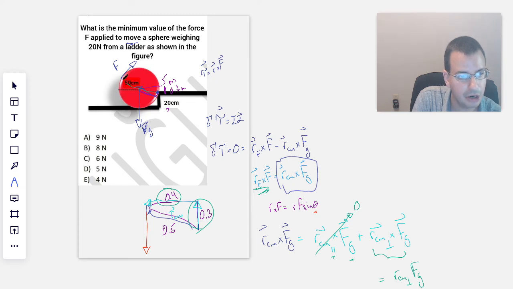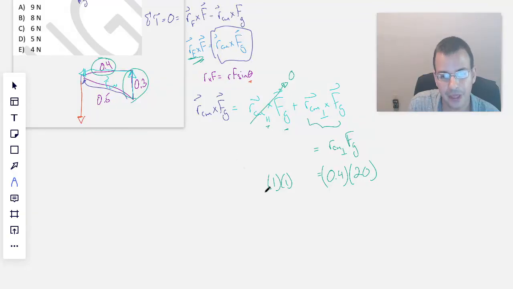And in this case the moment arm is going to be the diameter. So it's going to be 1 meter. So just 1 meter. We want to maximize the cross product, which means that this is going to be perpendicular. So it's also going to be 1. And then we're going to have our mystery force that we're trying to minimize.